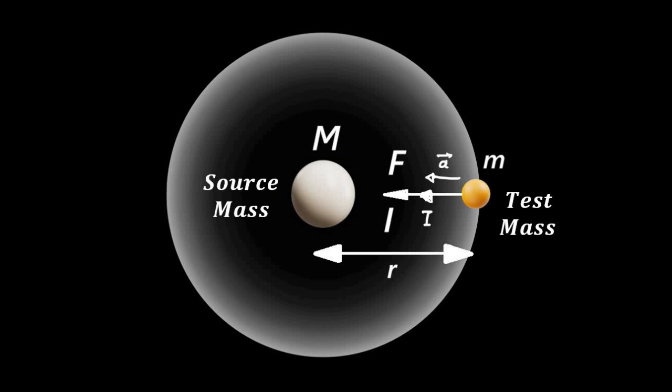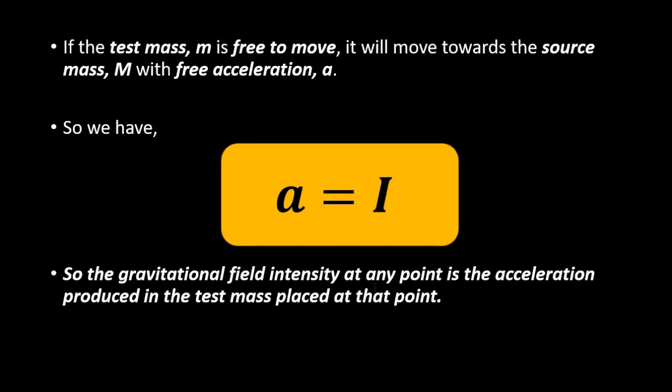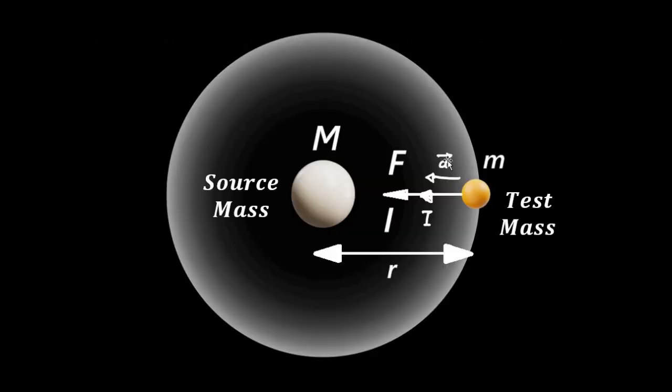So the gravitational field intensity at any point within the gravitational field of the source mass is the acceleration produced in the test mass placed at that point. If it is free to move, the test mass will move with an acceleration A towards the source mass.